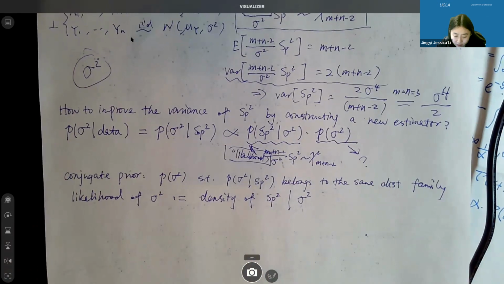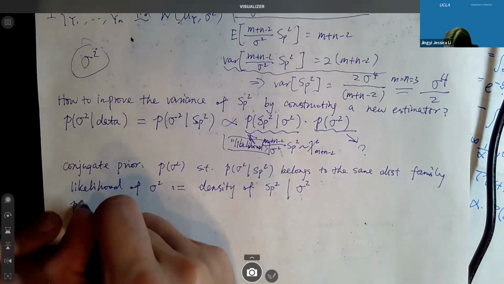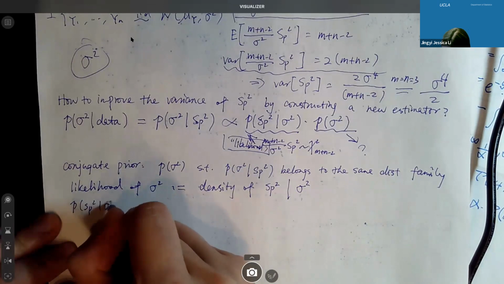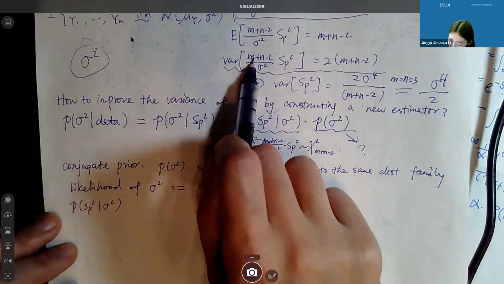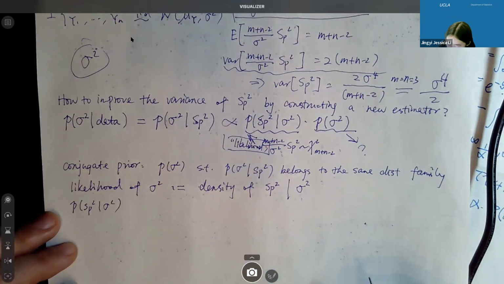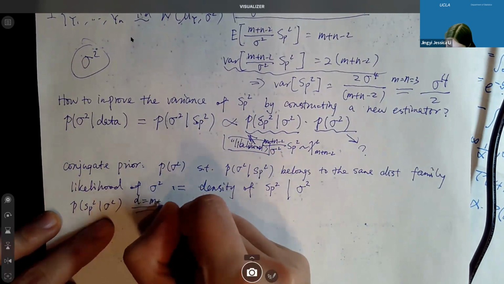Coming back here, given that we can write down this likelihood, I'll try to simplify the notation a little bit, and the details are in the notes I will post. Let me simplify this term, m plus n minus 2, and call it d, because it's a long term.